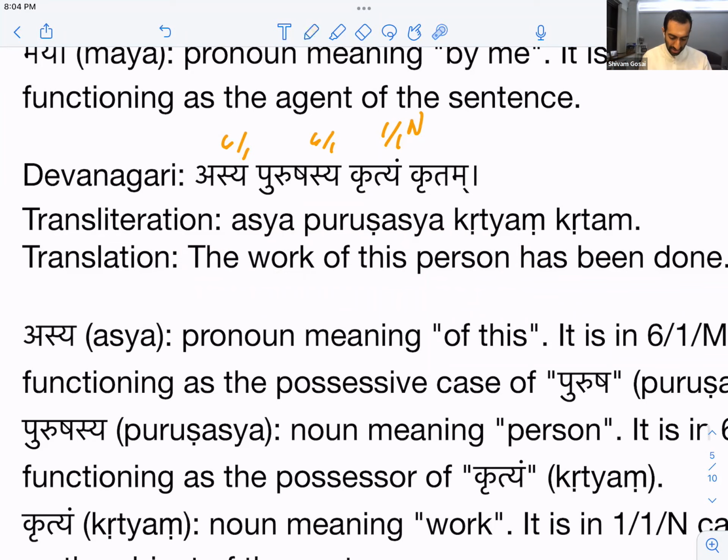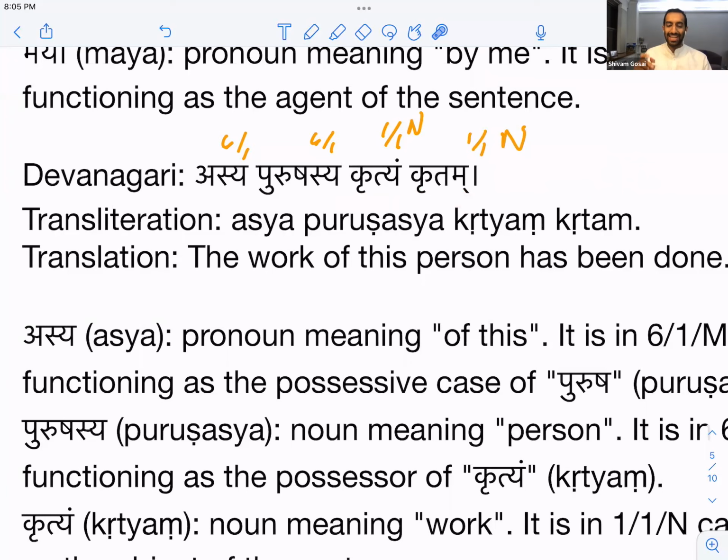Is kritam. Kritam, Kṛdanta Kta, 1-1, Napumsakalinga, and this is Samanadhikaranam with Krityam. Now, Kritam, what does Kritam mean?